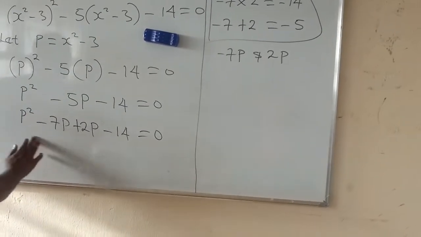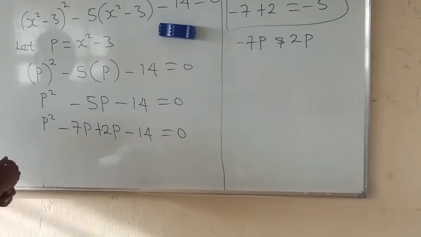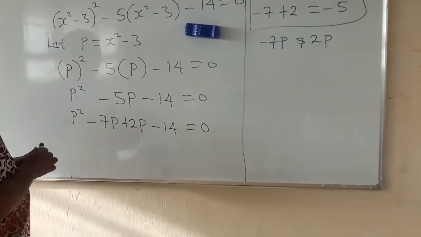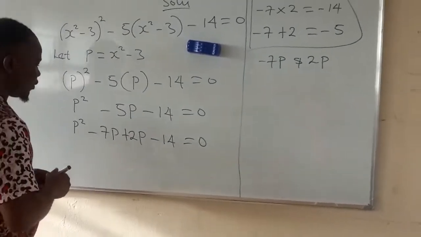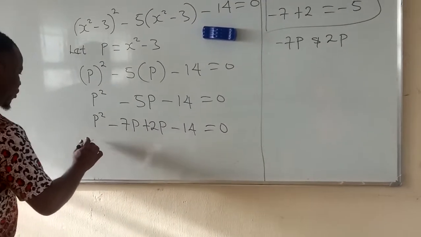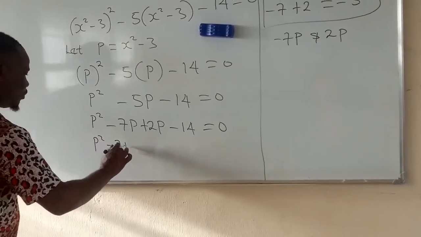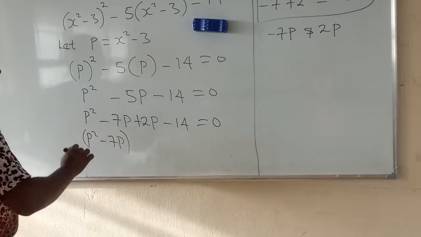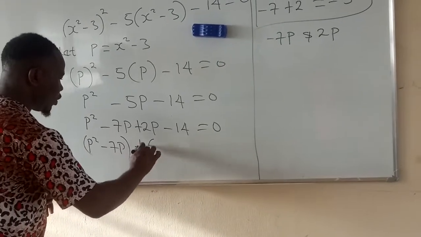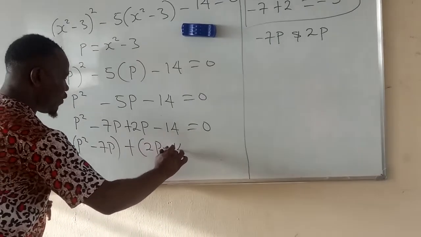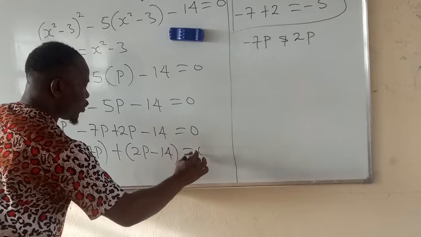This equation is the same thing as this. So now, without loss of generality, we can bracket p squared minus 7p, close bracket, plus 2p minus 14 equals to 0.